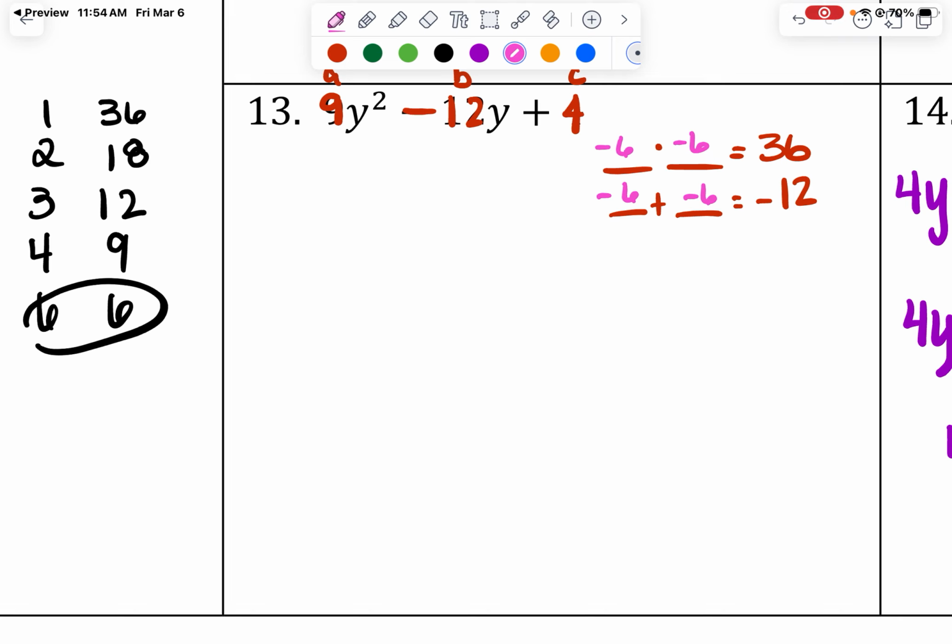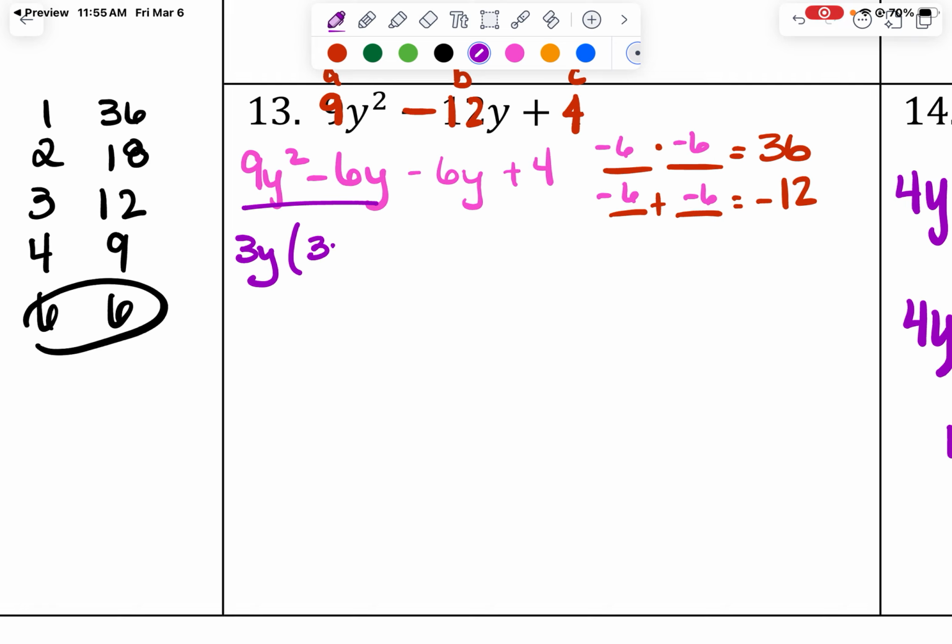Again, we cannot use the shortcut, so we have to say 9y squared minus 6y minus 6y plus 4. Then we factor by grouping. Group the first two. Our GCF is 3y, which leaves us with 3y minus 2.